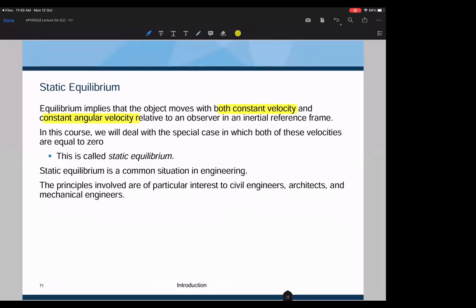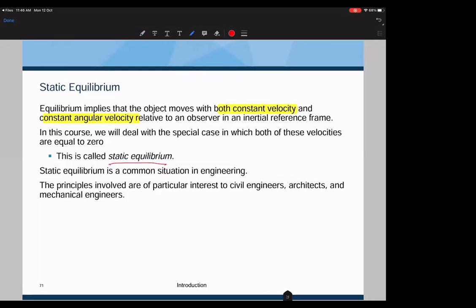Now, I'm not saying that the velocity must be positive or negative. It can always be zero. In particular, in this set of lecture notes, we only consider the case where the velocities are equal to zero. This is what we call static equilibrium. Objects not moving.